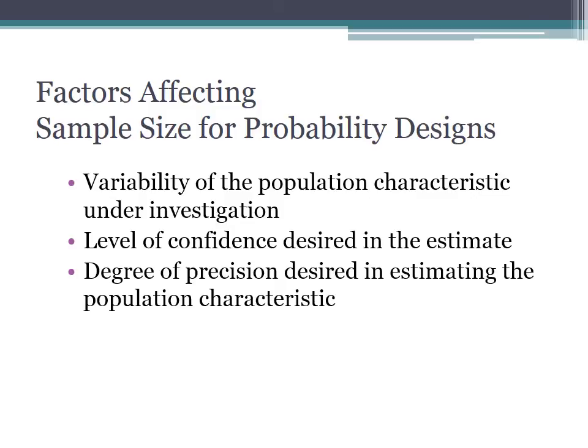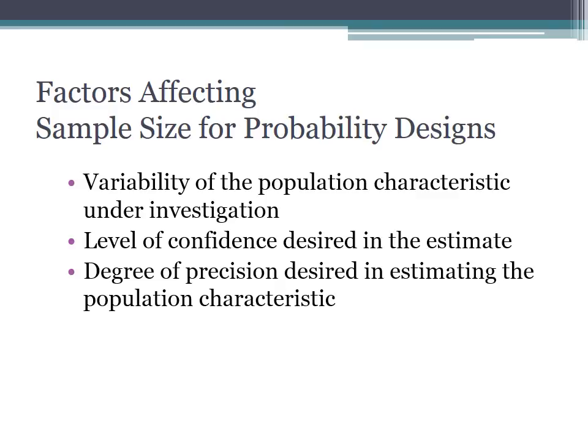If we have, for example, a really wide range of ages of drivers of Toyota Camrys, ranging from age 16 to 90, that's a really wide range. Because of all that variability, we need to sample a lot more people to make sure that we are pulling a sample that's representative of that entire group.